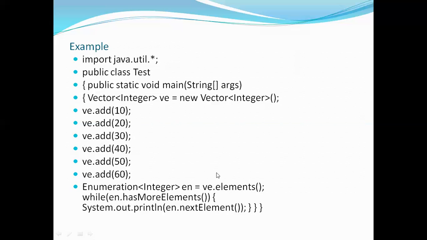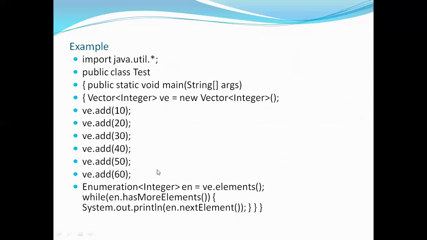Next I'm taking an enumeration for printing all those elements. You can create the object for your enumeration like this: Enumeration e = collection object, that is v dot elements. Next, using this object of enumeration, I'll print all the elements of that collection.